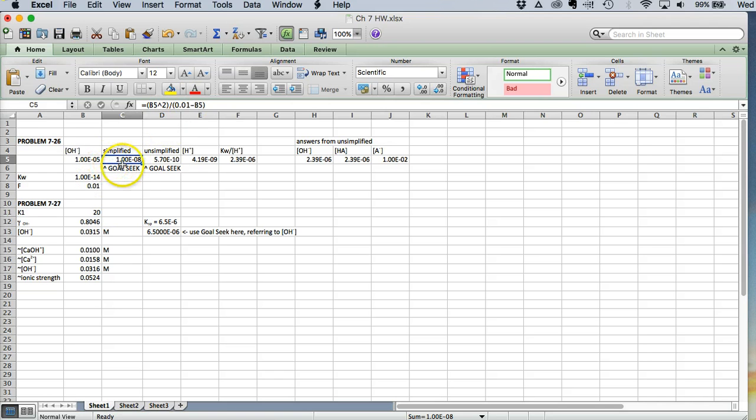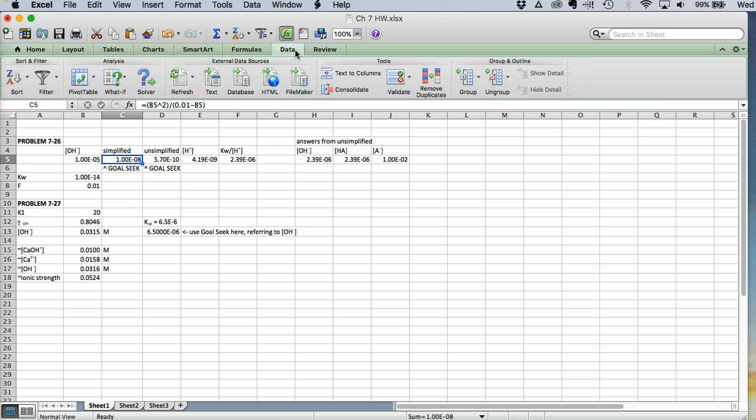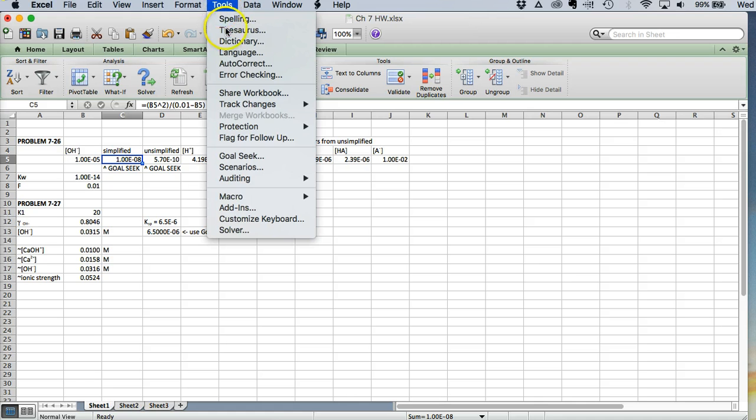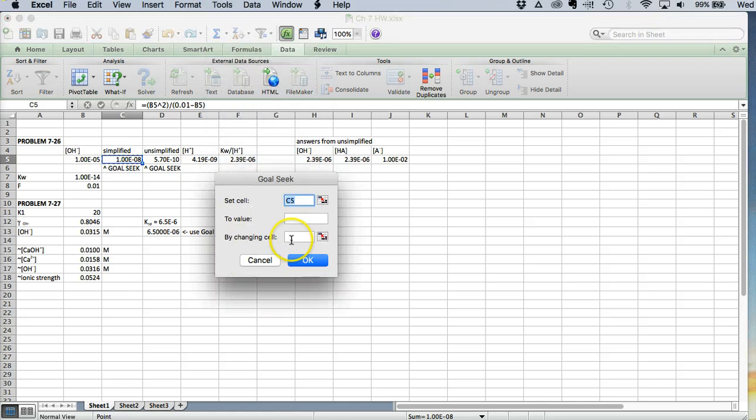In this case, because apparently it changed this one but not this one too much, my simplified version, I'm going to go to Data, not Solver. Where's my goal seek? Tools. Okay, it's under Tools for me. I go to Goal Seek, and I want to set that cell, that whole giant equation, equal to, what do I want to set that to?